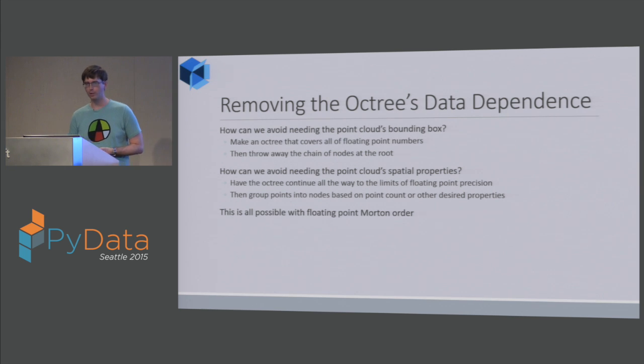Well, we can just have that octree continue all the way down to the bottom of floating point representation. And from there, we can group things up to make aggregate chunks and do faster processing. That's also not too bad. And the way to do this is basically extending Morton order to work on floating point numbers.